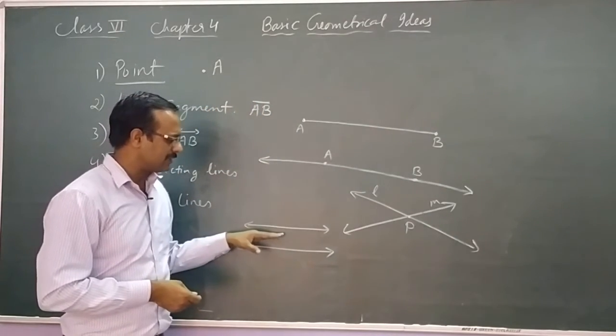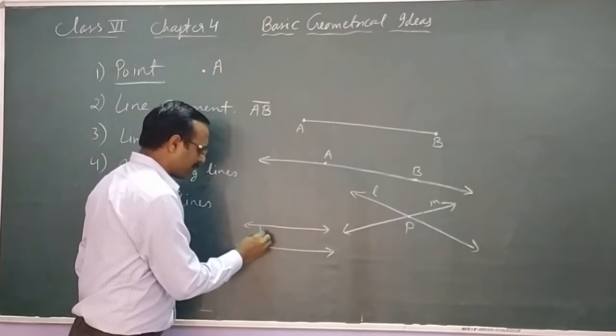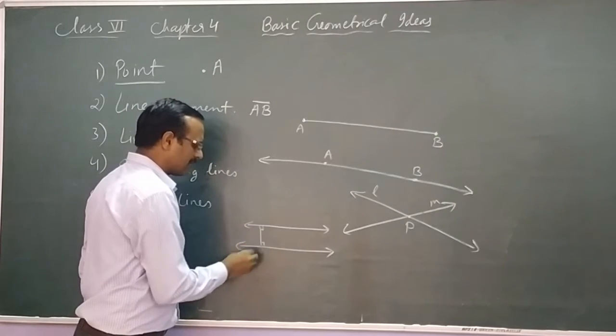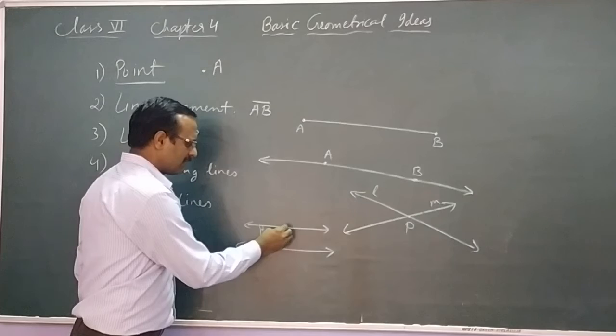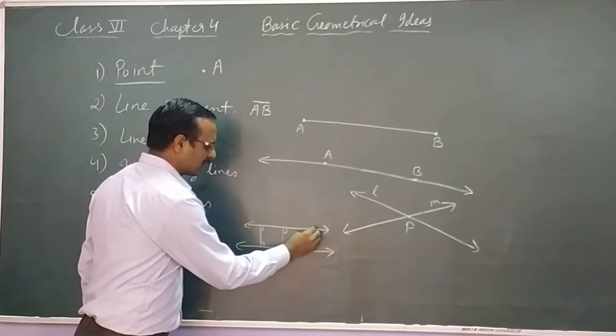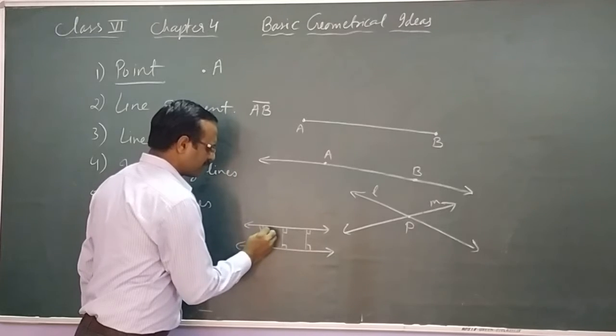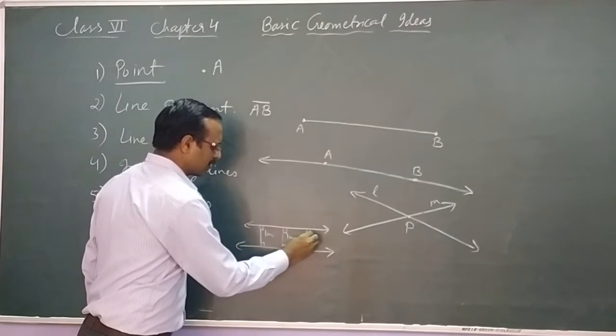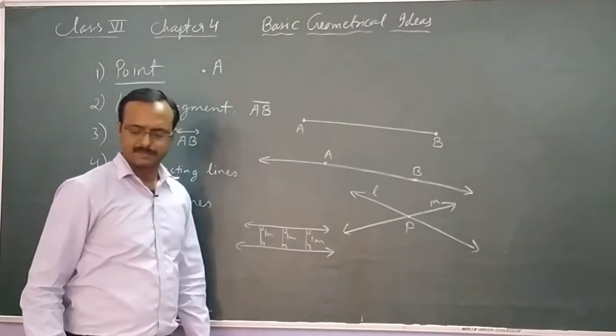In this case, the perpendicular distance between the two lines at any given point will be the same everywhere. Suppose it is 1 meter, it will continue with 1 meter.